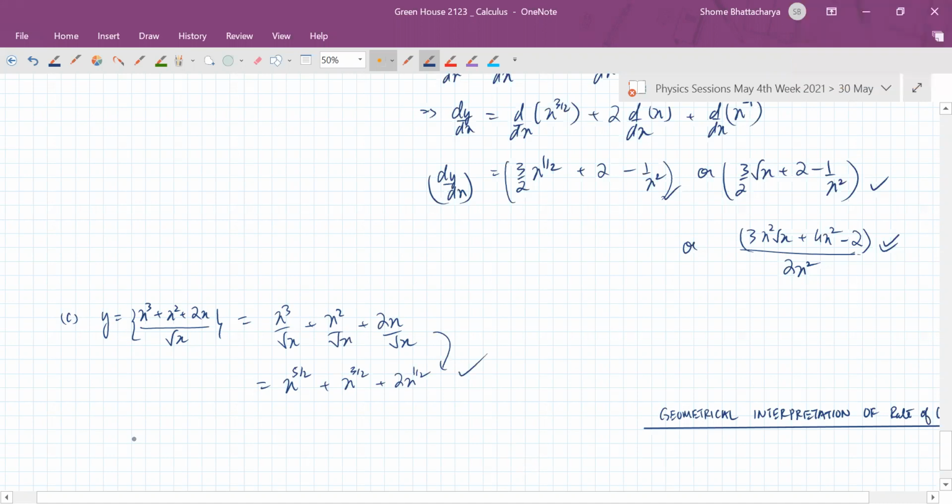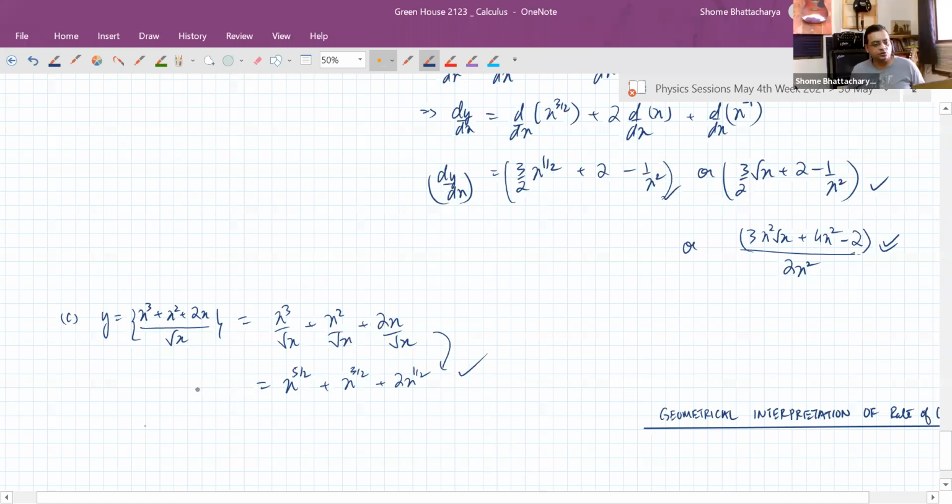Now you can see that once you've reduced y like this, it's easy to apply the differentiation operator. This massive looking thing is somewhat reduced in the first step itself.